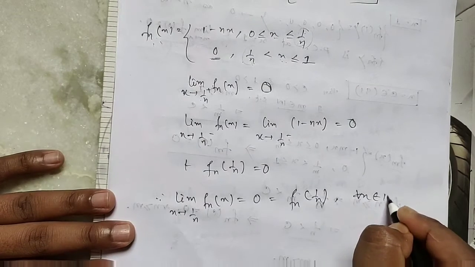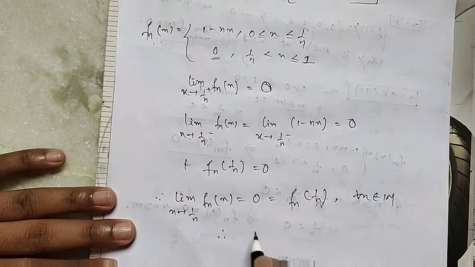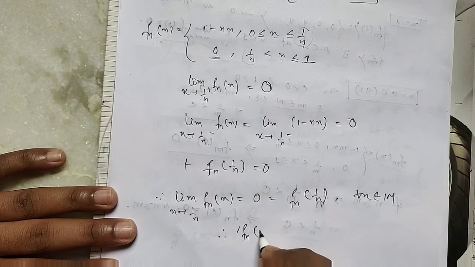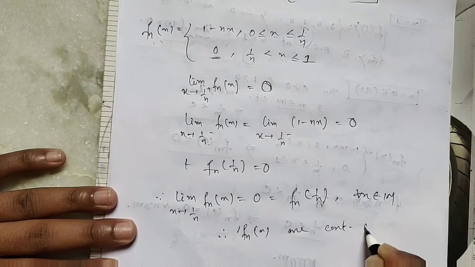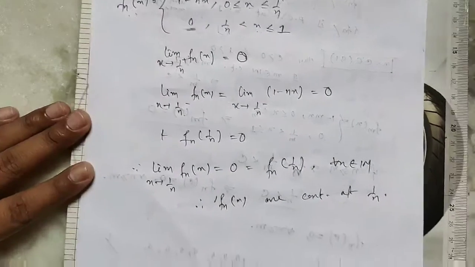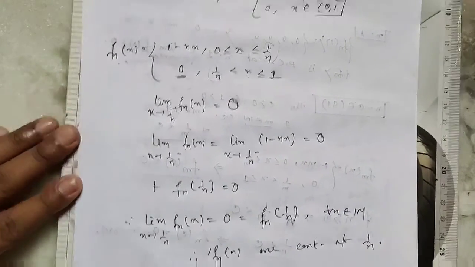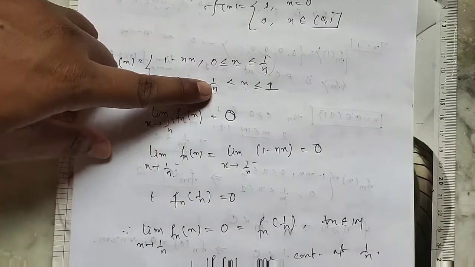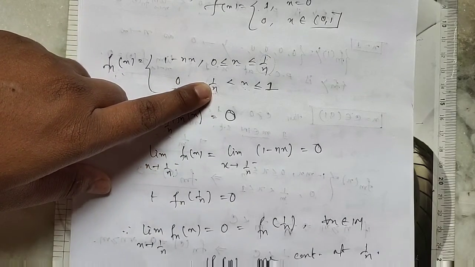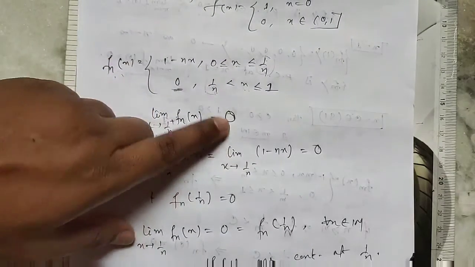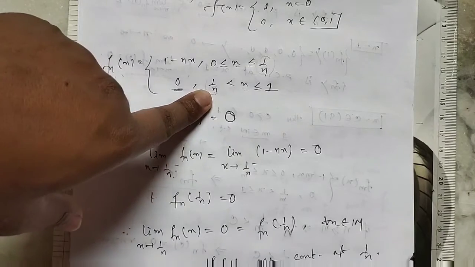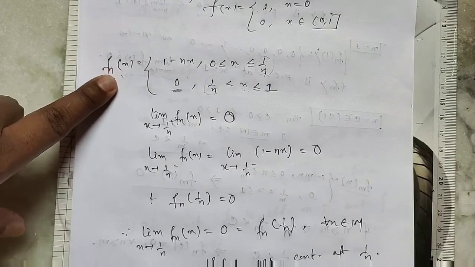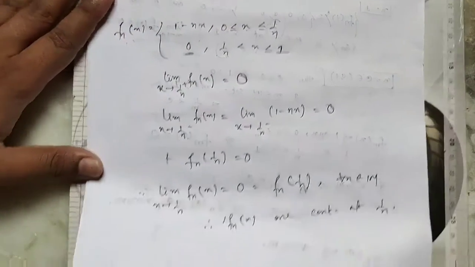Okay, this is true for every n belonging to the natural numbers. Therefore fn(x) is continuous at 1/n for every n, and at the other points the function is also continuous. Only possibility of discontinuity is at 1/n. So this function is continuous on [0,1].